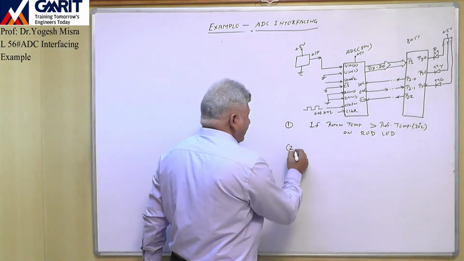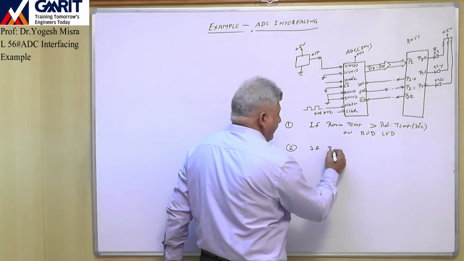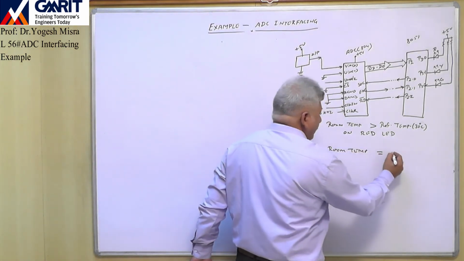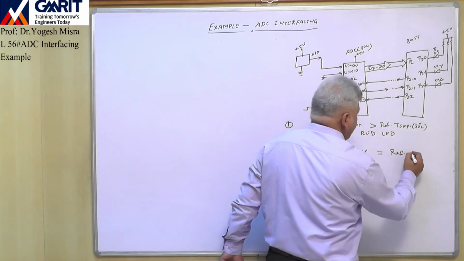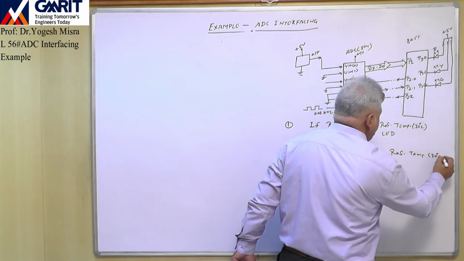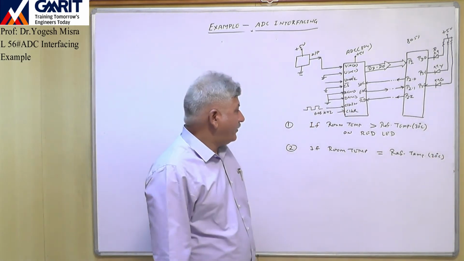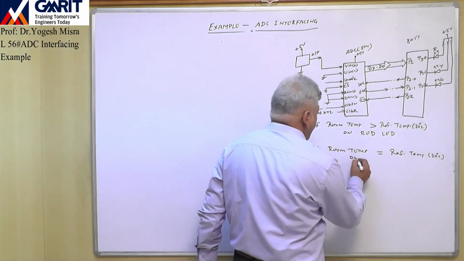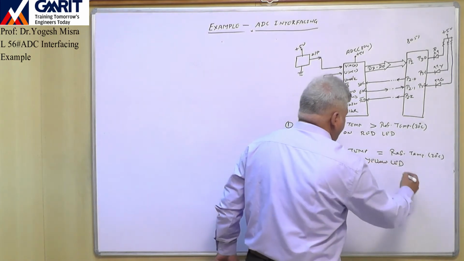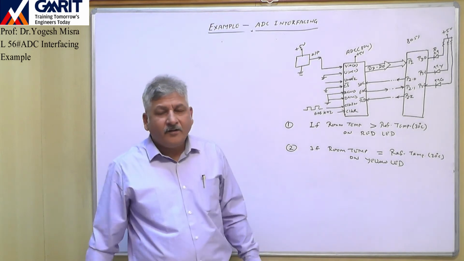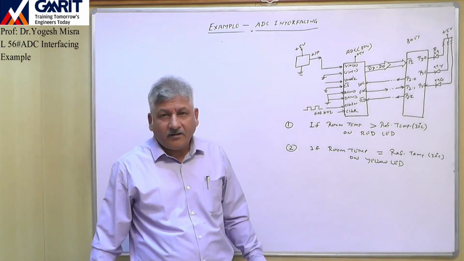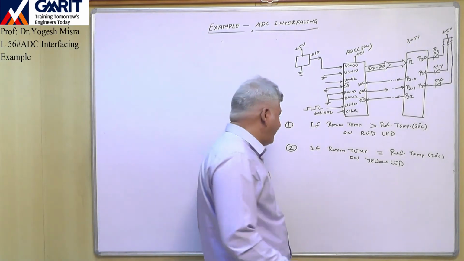The second case, if the room temperature is equal to the reference temperature, that is 30 degrees Celsius, then we will turn on the yellow LED, right, to indicate that okay, it is just equal to the reference temperature.